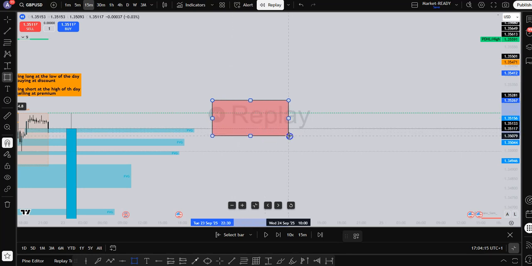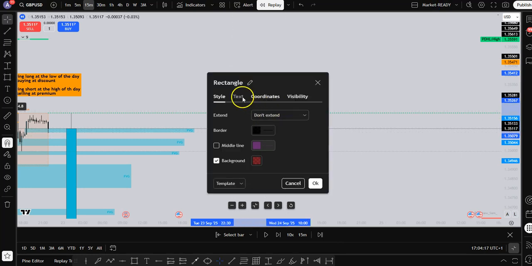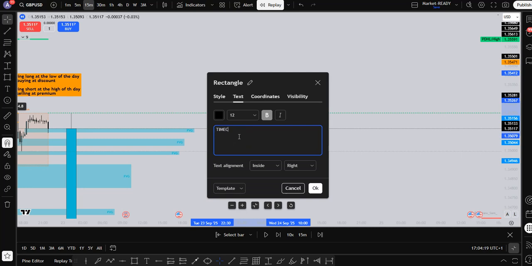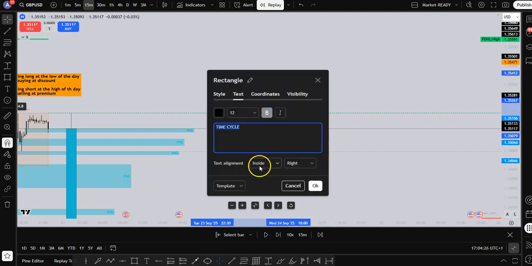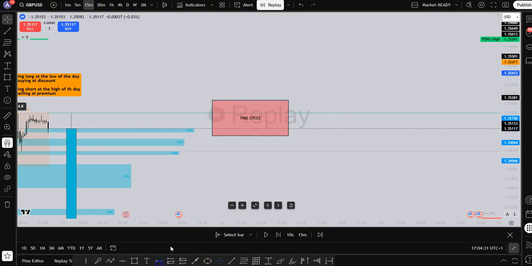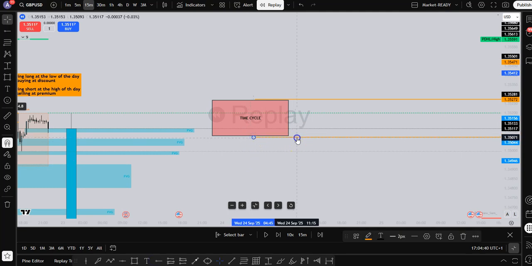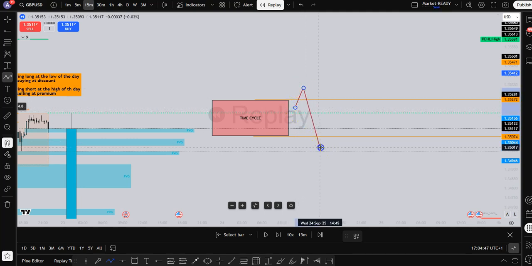Time cycle, and we wait for the price to purge, then reverse.